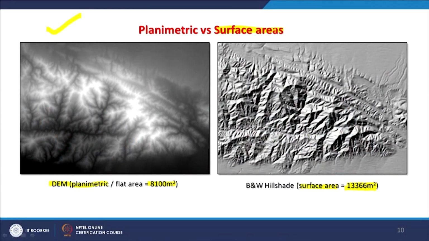So, it is always necessary to take care if you are handling an area which you know has undulation, is rugged, hilly terrain. Otherwise, the purpose of GIS is not to introduce errors.